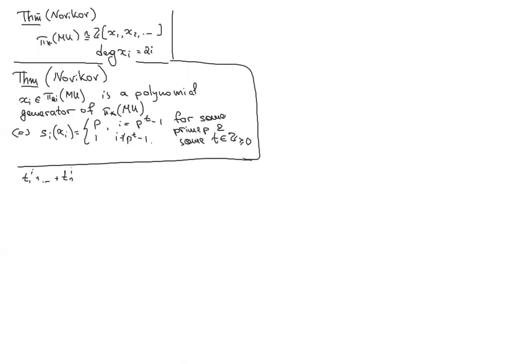This is a symmetric polynomial, and let's represent it in terms of elementary symmetric polynomials, something like sigma_1 to the power alpha_1, and so on, sigma_r to the power alpha_r.